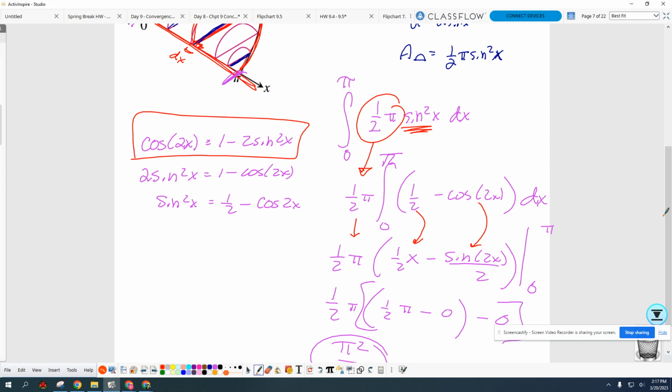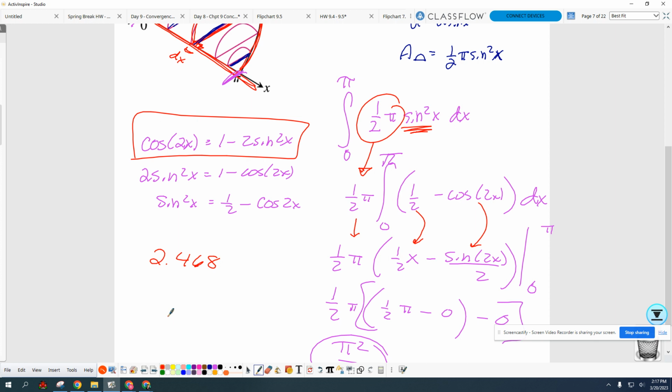So would this actually mostly be a calculator problem? Yeah, this is probably a lot of calculator problems, though areas of squares are easy enough to integrate. What was the decimal, Ananya, that you got? 2.468. And what's the next decimal?